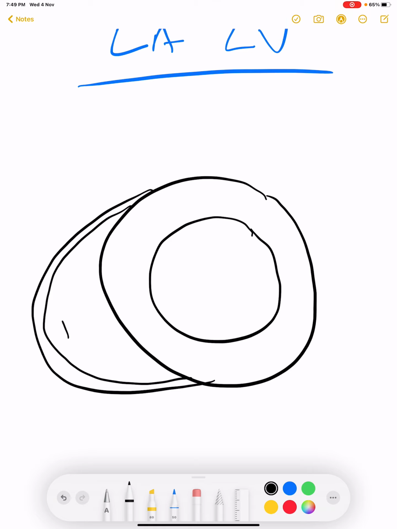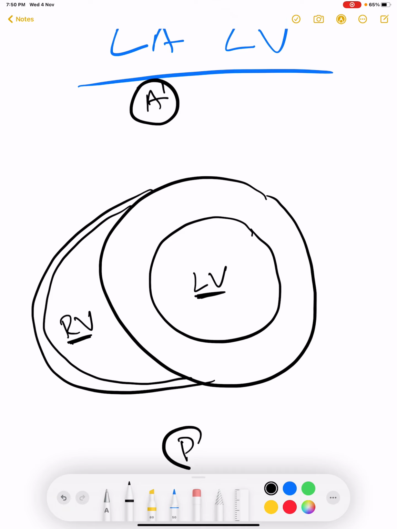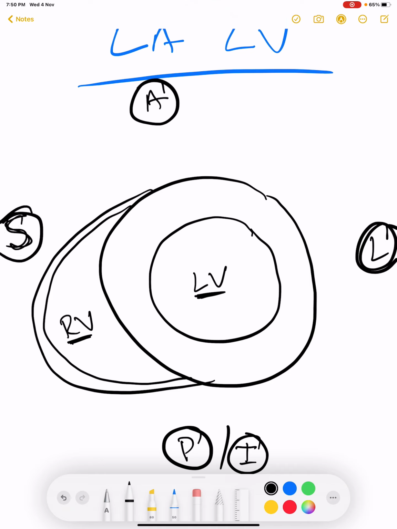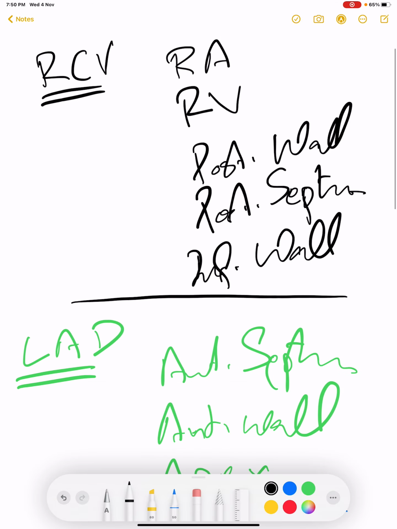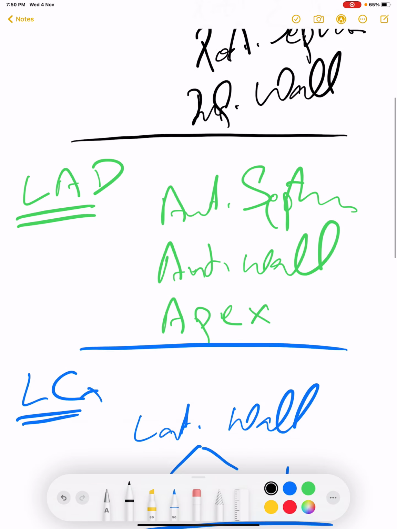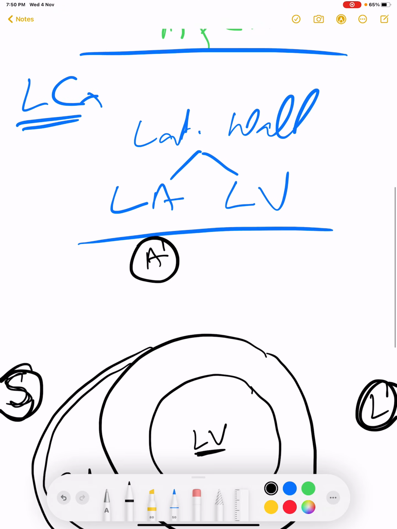This is the right ventricle, this is the left ventricle, this is anterior, this is posterior or inferior, this is lateral, and this is septal, because it is toward the septum. Now we will apply the same thing and see how it works.